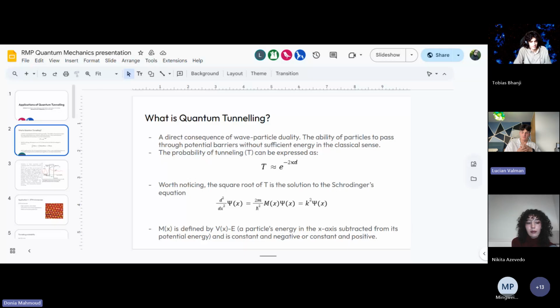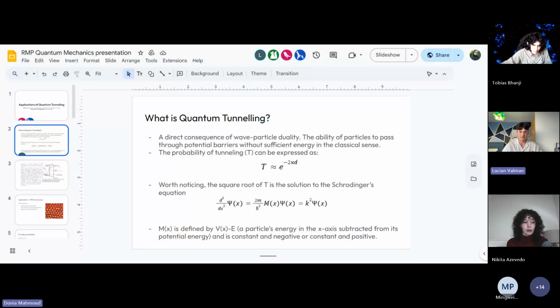But because particles can act like waves, and if we know its energy, then there's more uncertainty in its position, which is Heisenberg's uncertainty principle. And so if a particle is going towards a barrier, it can exist in a range of places, some of which is past the barrier, even if it doesn't have enough energy to surmount it in the classical sense.